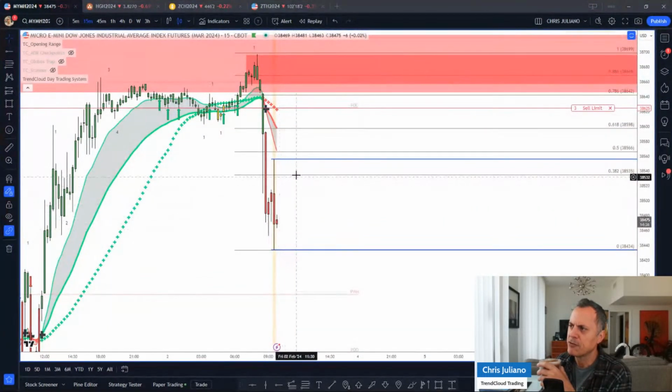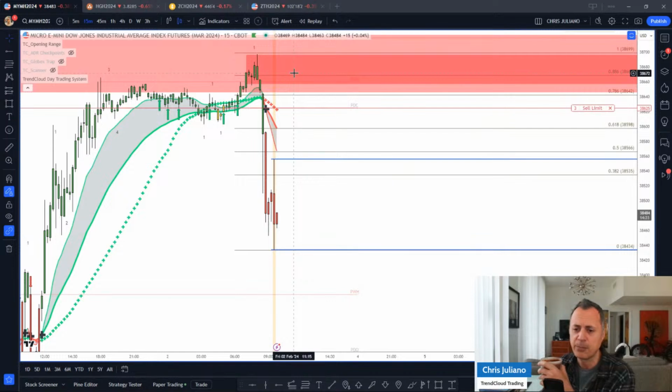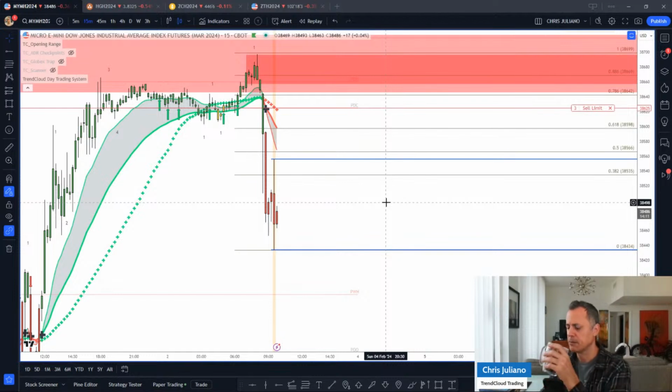If we break out to the upside, we've got a ton of momentum pushing us down, so we're going to be looking for some kind of bull trap, right? And we've got our supply zone, everything's set up right here. If it breaks to the downside, we can definitely take the retest in something that forms in here. That's it.